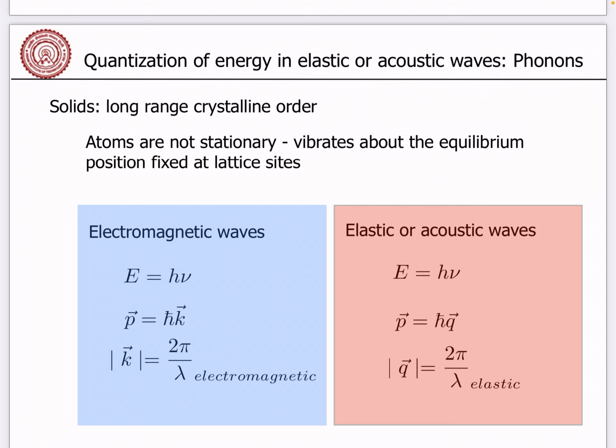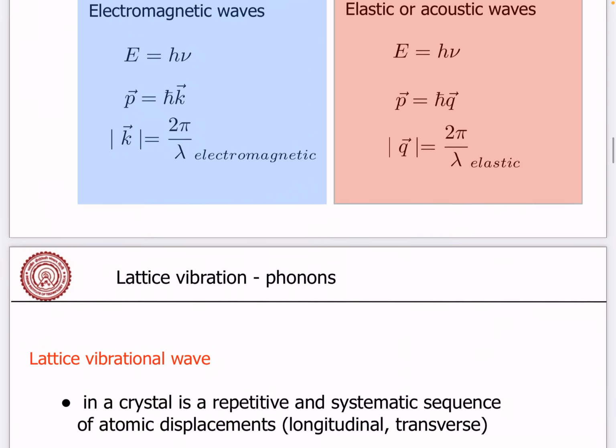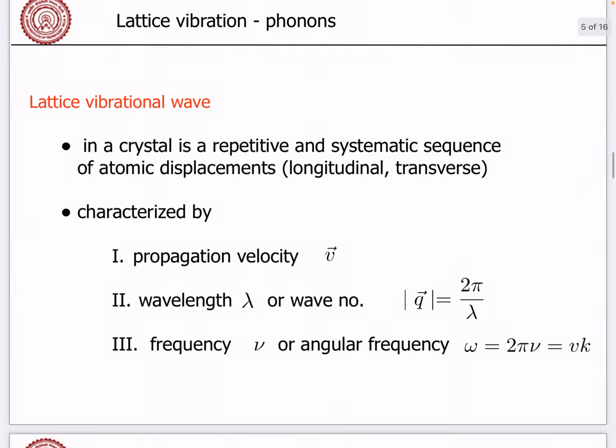So that means this lattice vibration can be characterized by propagation velocity v and wavelength lambda, as I've just discussed, or wave vector and frequency nu, or the angular frequency omega, which is equal to v times k. So this velocity actually is the velocity of sound in the solid, which is due to the acoustic waves.